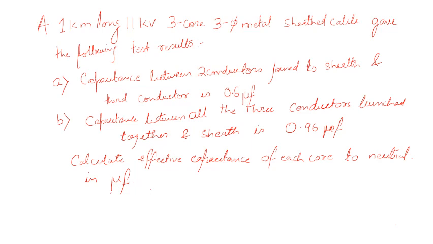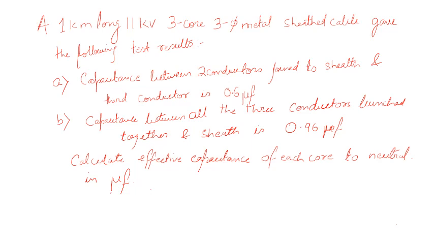In one experiment we joined two conductors to the sheath, and measured the capacitance between the sheath and the other conductor. In the next experiment, we bundled or shorted all three conductors together with the sheath.